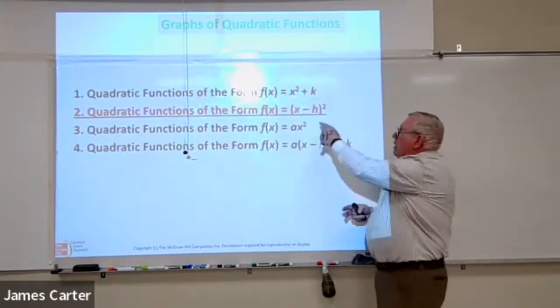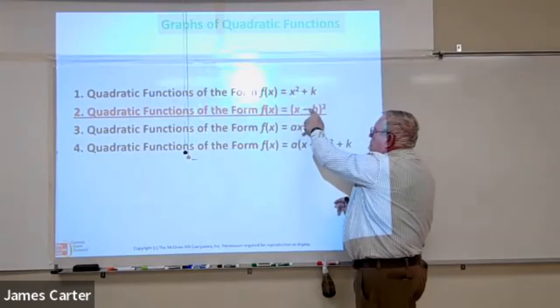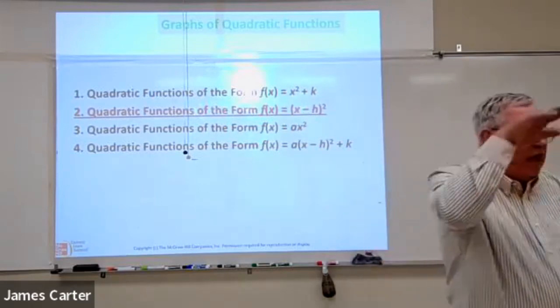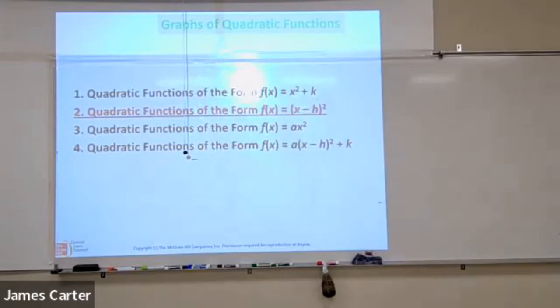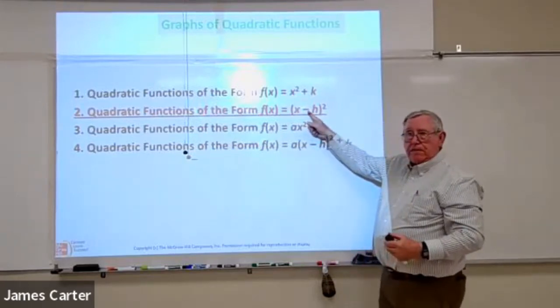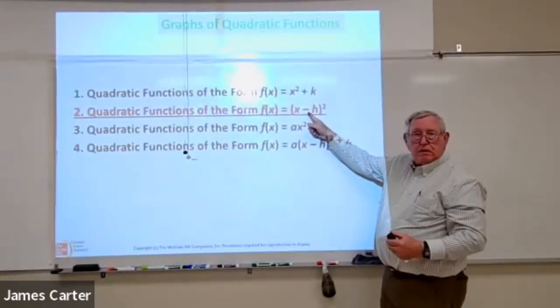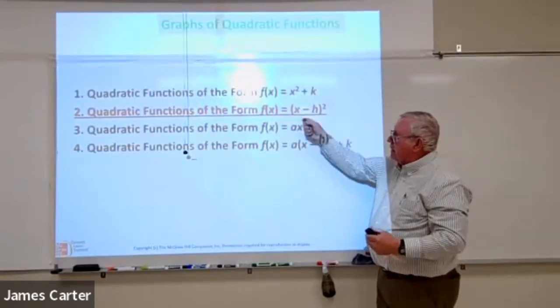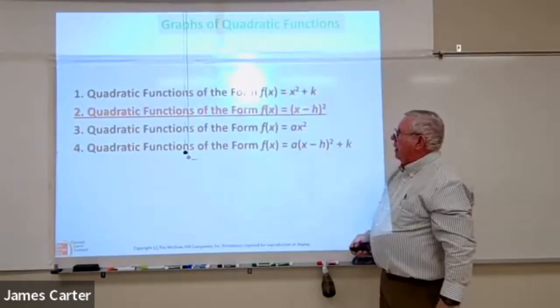Now, when a number is contained with the x, then instead of shifting up and down, it's going to shift left and right, opposite of whatever the sign is here, the opposite direction. Okay, so that's the impact of this particular one.